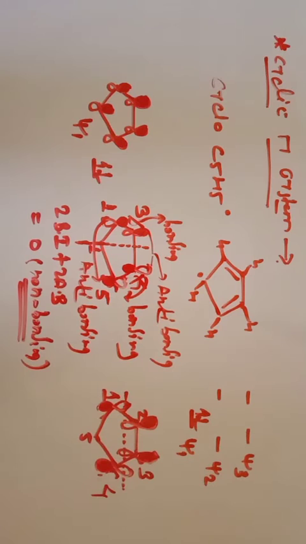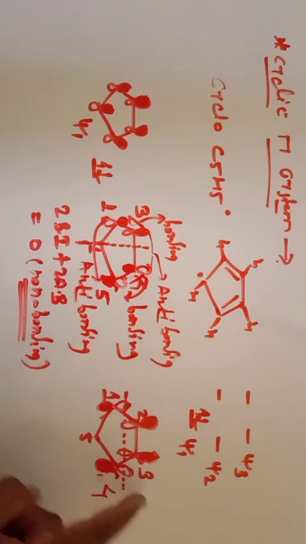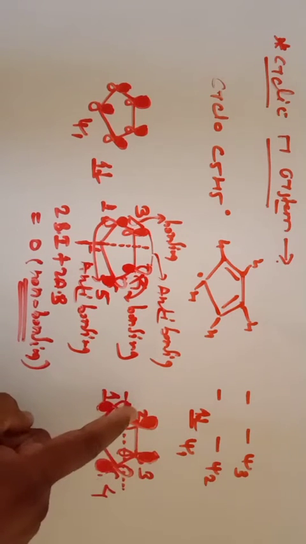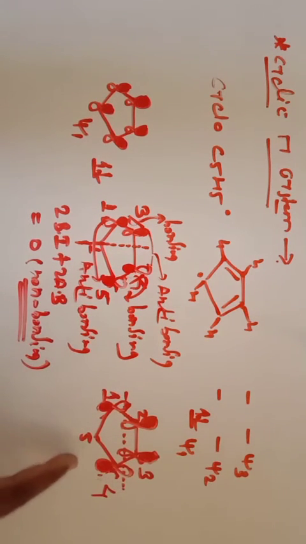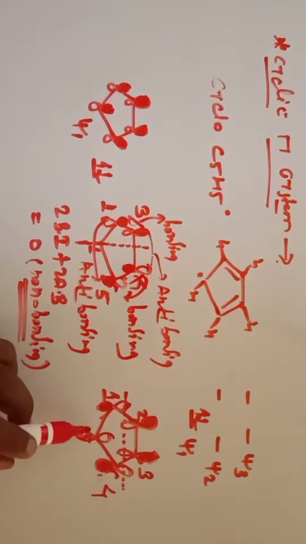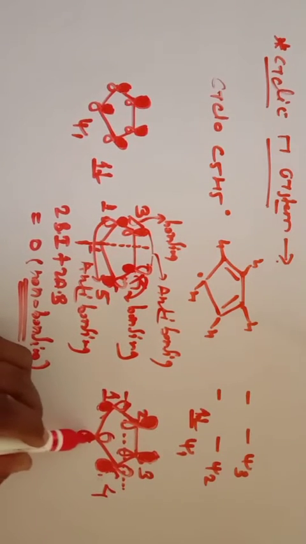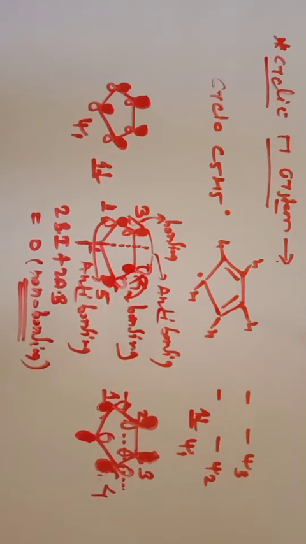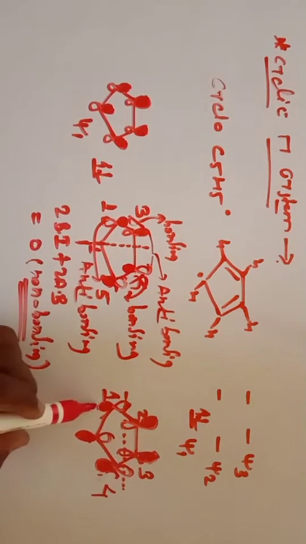So you should keep in mind that the node is present between carbon number 1 and 2, and 3 and 4. There is no node between carbon number 2 and 3, 1 and 5, and 4 and 5. So where there is no node, the interaction is like this. If you consider this pictorial representation, then these are bonding interactions.